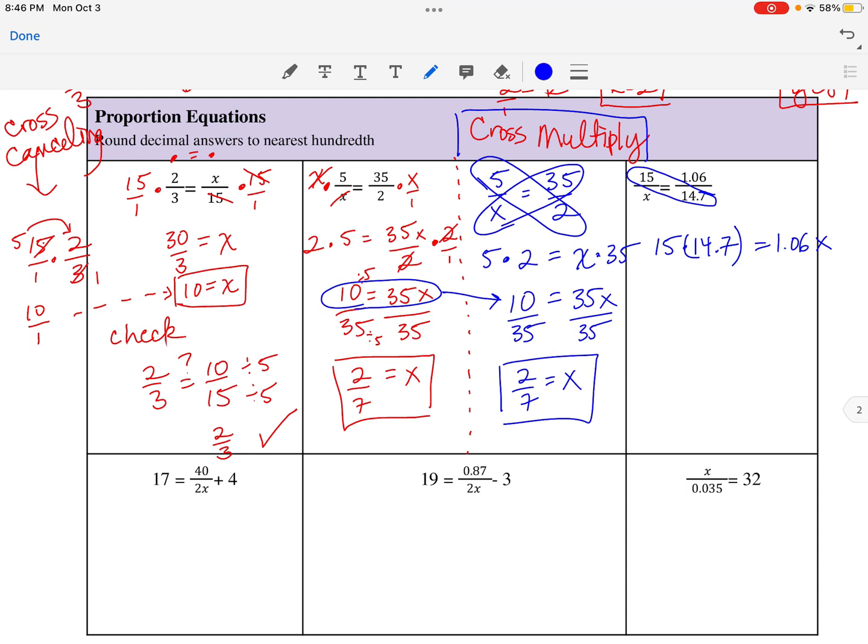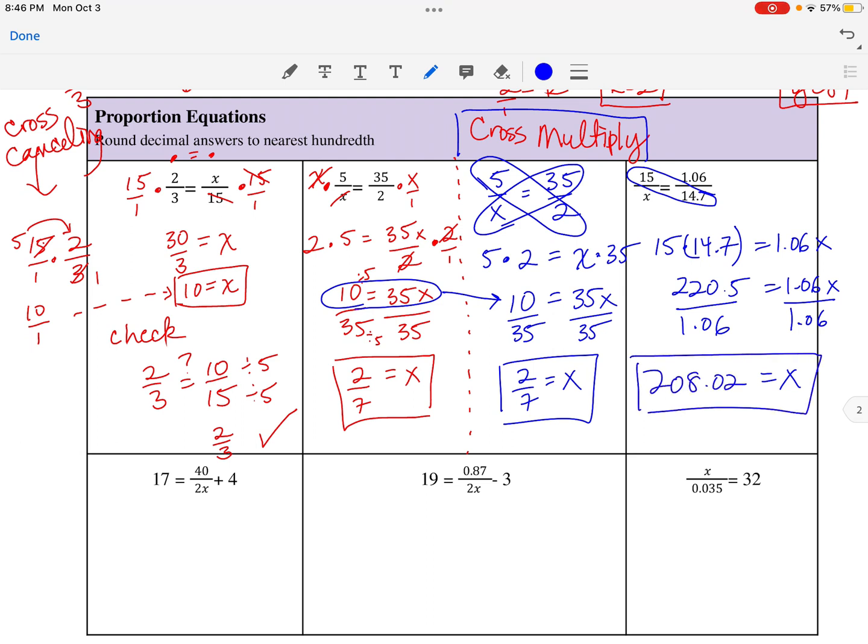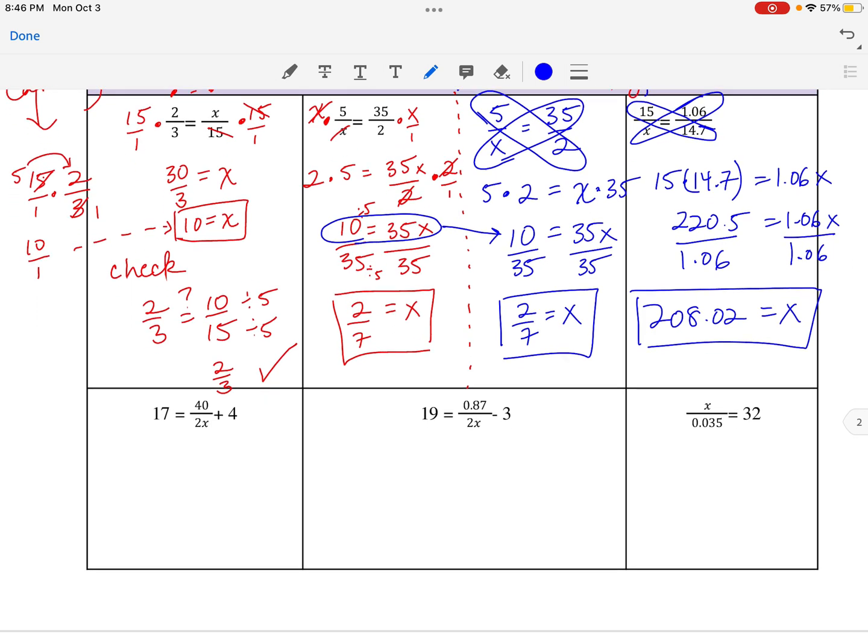And then I can evaluate 15 times 14.07 is 220.5 equals 1.06x. Divide both sides by 1.06. And we get x equals 208.02 if I round to the nearest hundredth. All right. So, I forgot to draw my other one there. Cross multiplying.